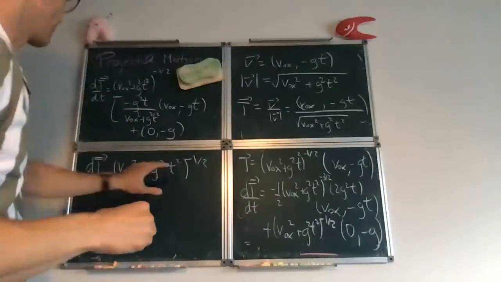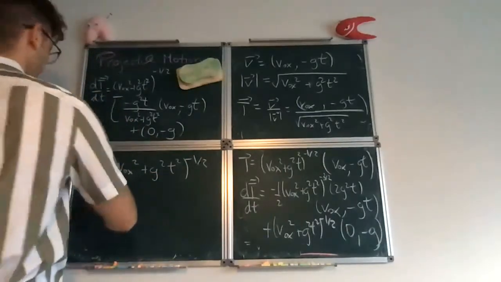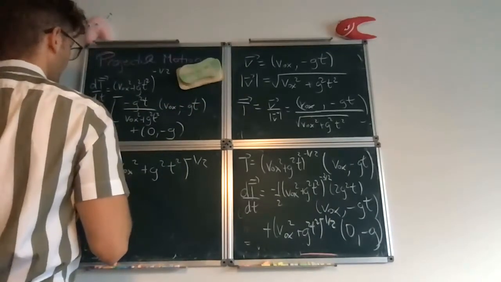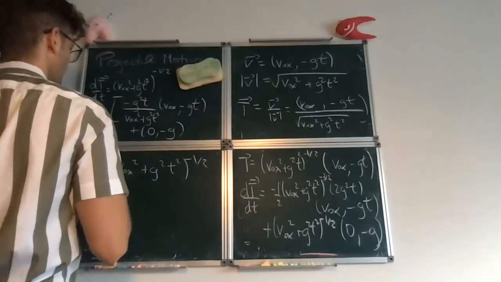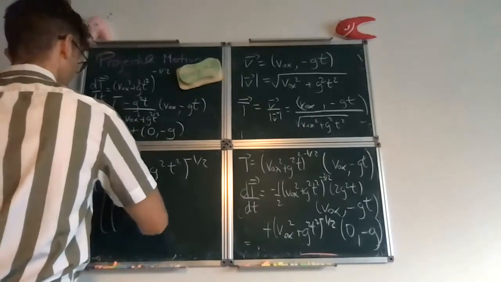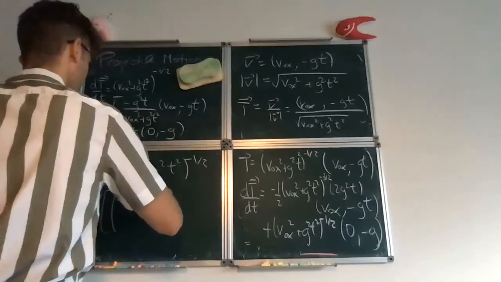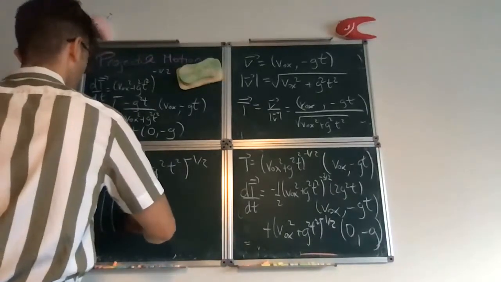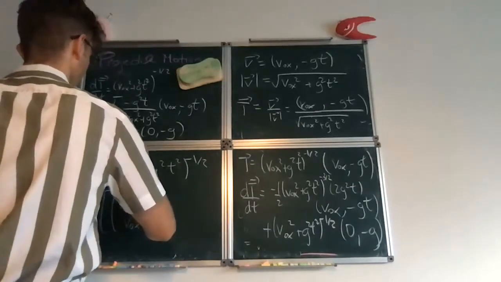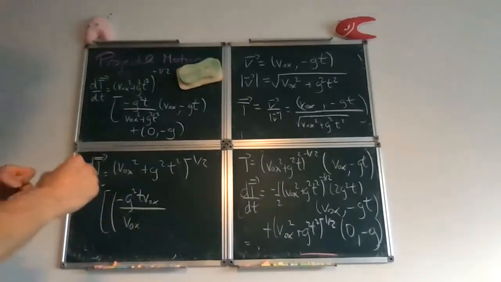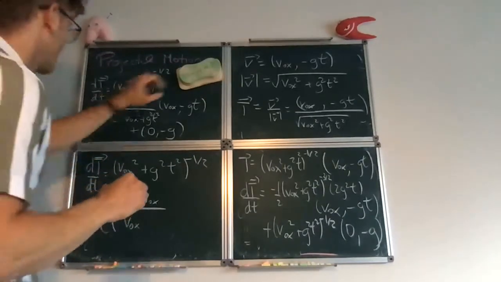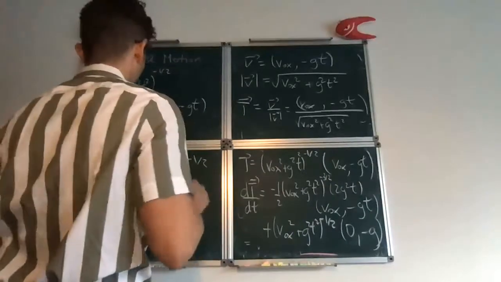So again, this is a common factor multiplying everything, and then I will combine these two into a single vector. I think I'll do common denominator as before.